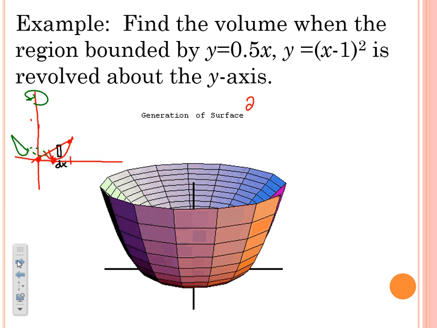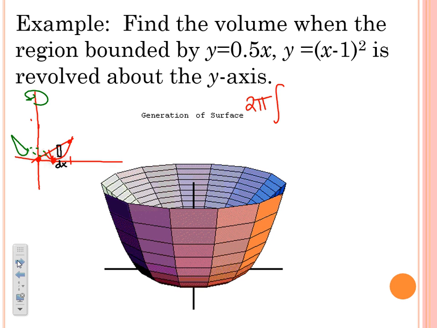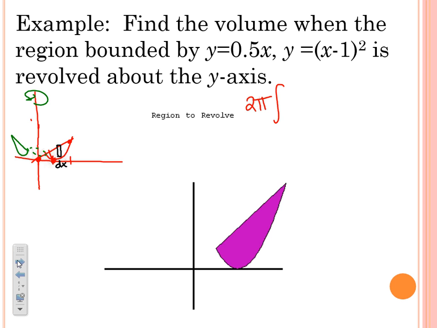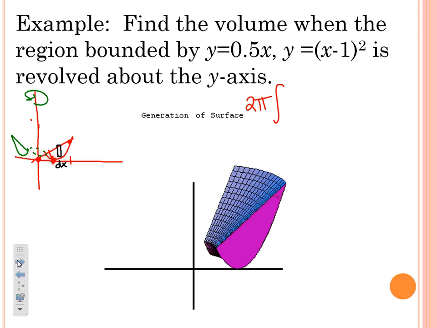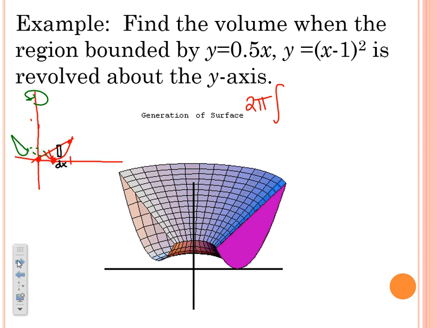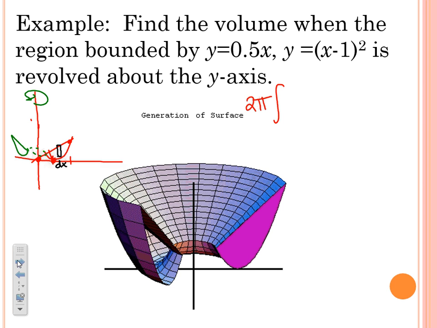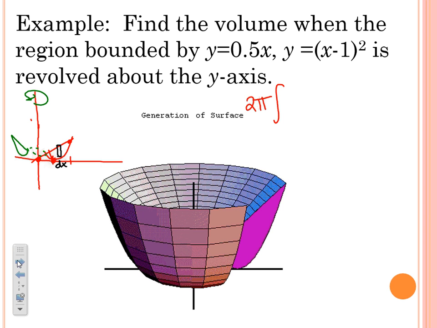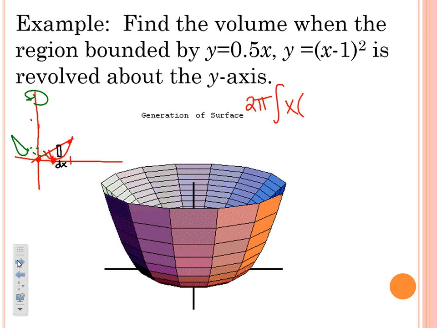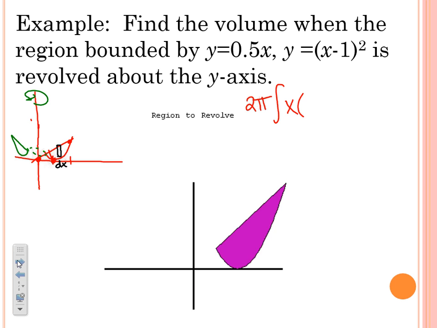So we have 2 pi integral of our radius. How far are all of our rectangles from the axis of rotation? x. Any given rectangle is going to be x away from our axis of rotation. Do you agree? Times the height. What is the height of each of these rectangles?